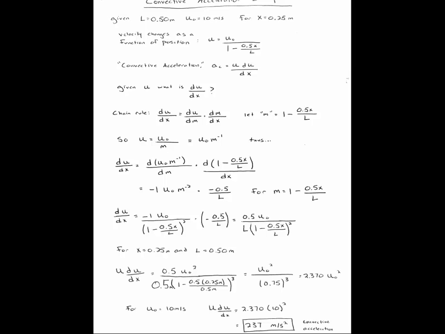Therefore, du/dx is going to be du/dm, with u naught to the m minus 1 power, and then dm/dx, where m is 1 minus 0.5 x divided by L. So here is the basis of the chain rule.